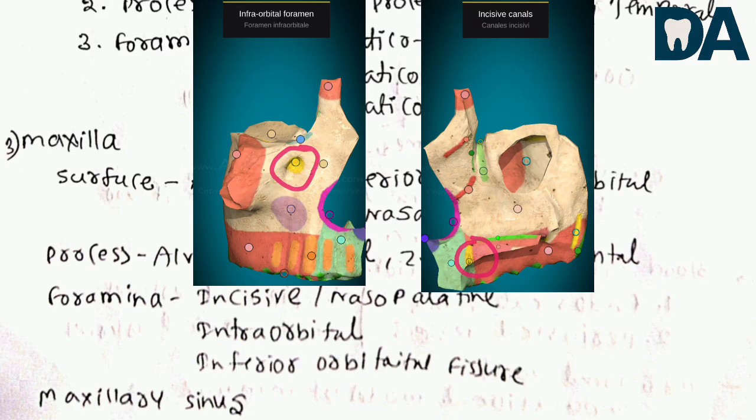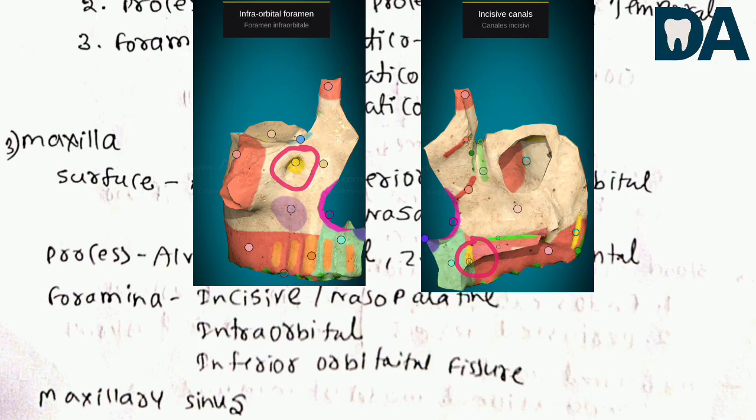This is located in the anterior region of the hard palate, behind the incisor, and transmits the nasopalatine nerve and the blood vessels. Infraorbital foramen. This is located below the orbit to transmit the infraorbital nerve and artery.